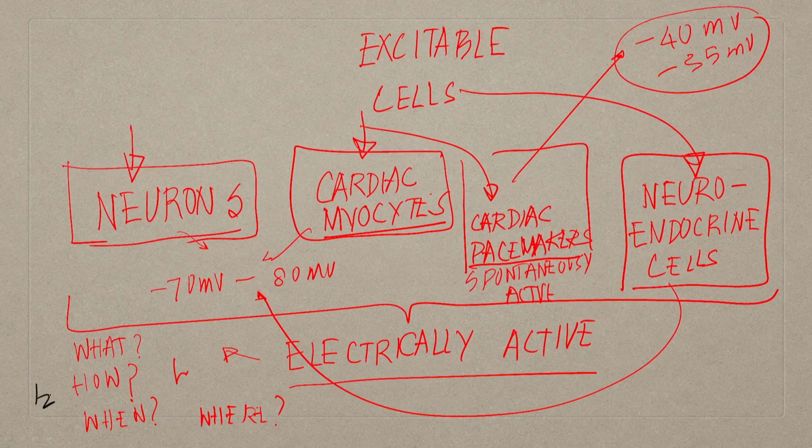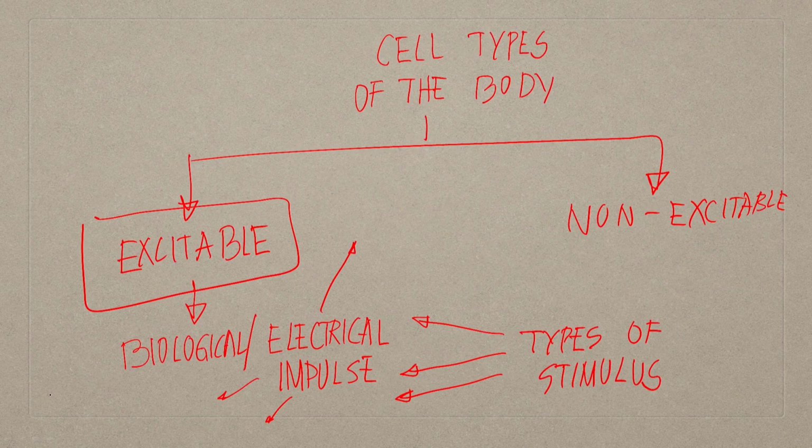And I shared with you the resting membrane potential, where I ran you through the slides. It is somewhere here that I told you that the cells of the body could be classified into the world of excitable cells and non-excitable cells.